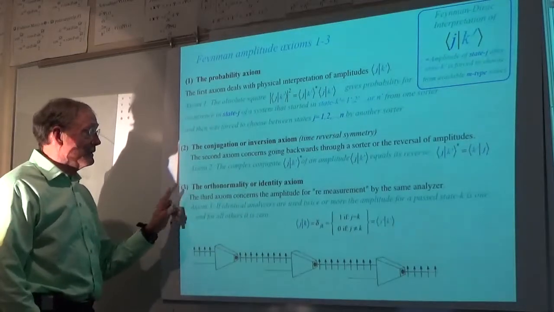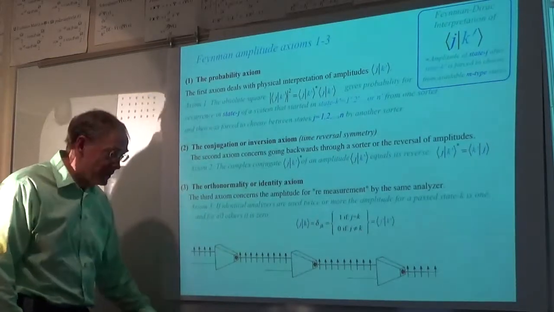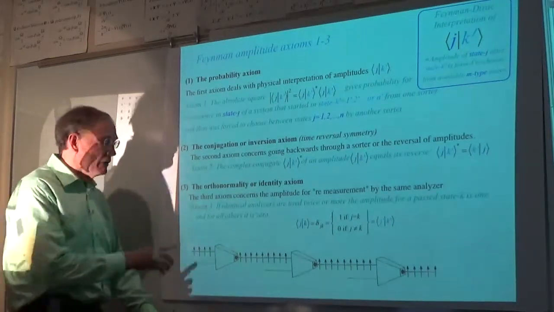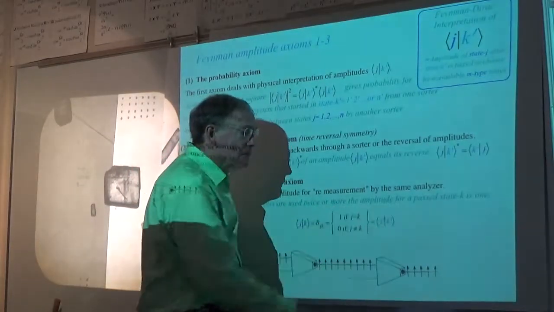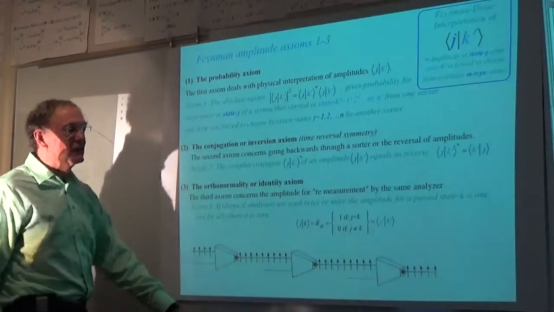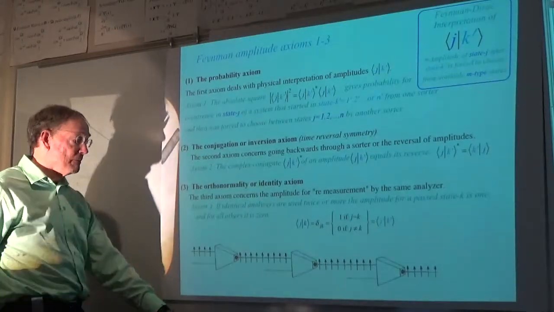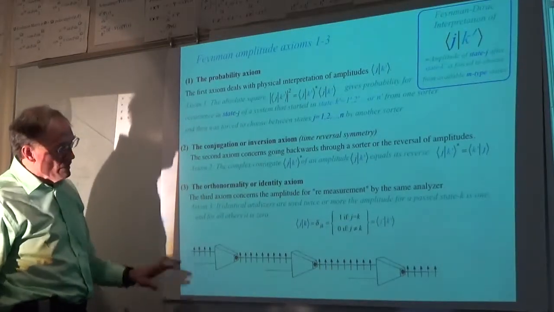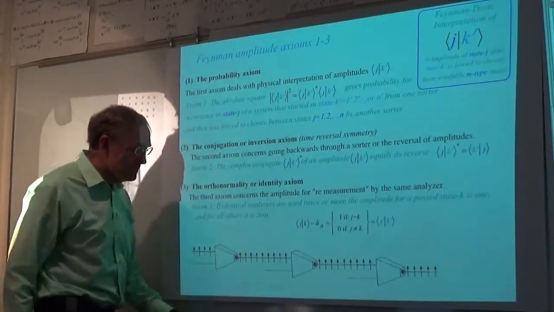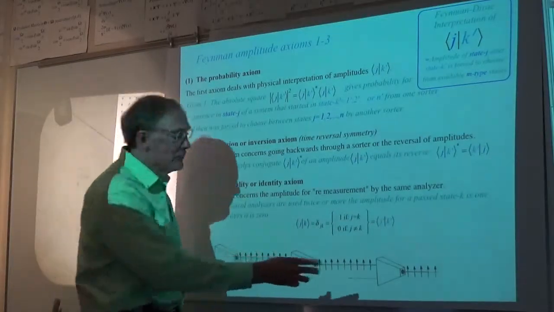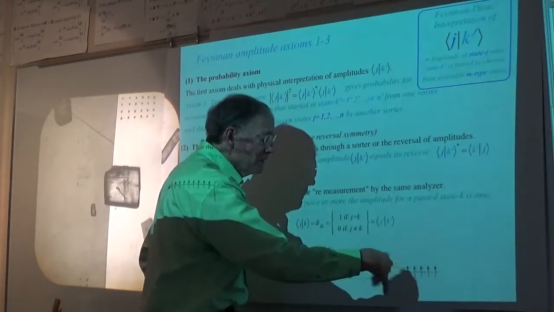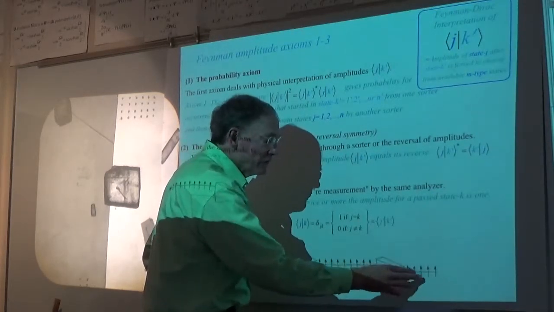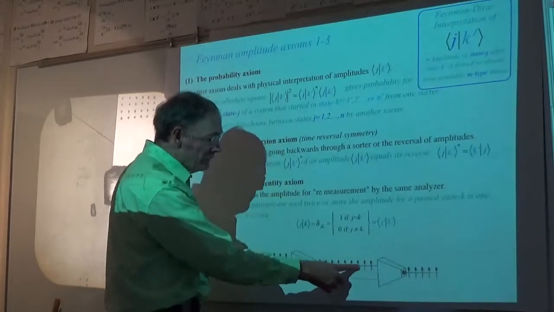This is the one that's more obvious. If an identical analyzer is used twice or more, the amplitude for a past state k is 1. And this figure comes right out of the old textbook. It just says that if I polarize a beam, in other words, this one right here could be completely unpolarized, but it got polarized here.